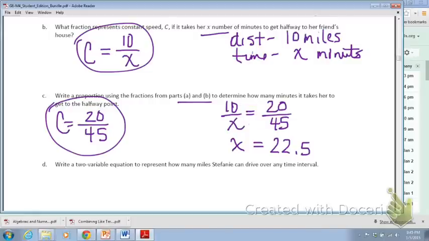So what does that tell me? I know X is, in this problem, determined. It's X number of minutes, 22.5 minutes.